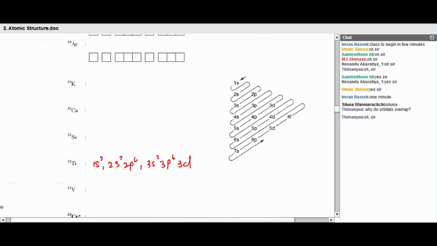You fill the 4s2, and then you come back and fill the 3d level. There are 22 electrons, so 2 plus 2 is 4, plus 6 is 10, 20, and 22. So you don't fill the 3d first, rather you first fill the 4s2 and then you come back and fill the 3d.